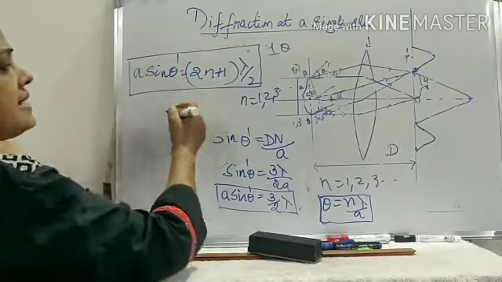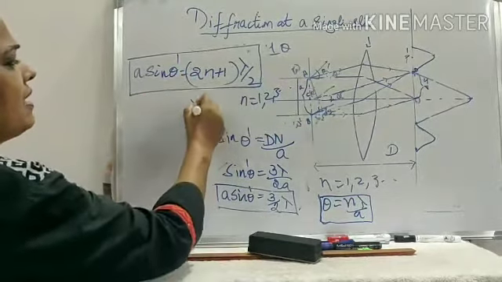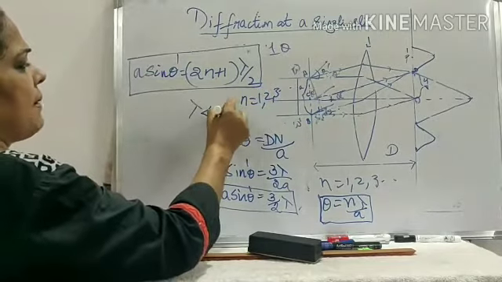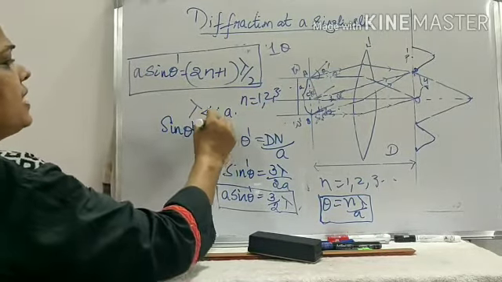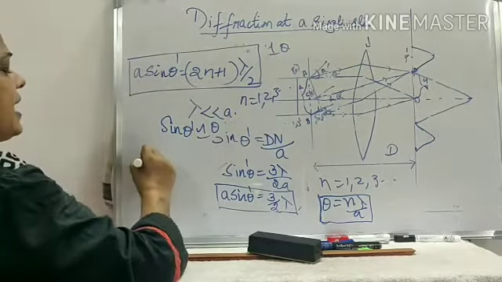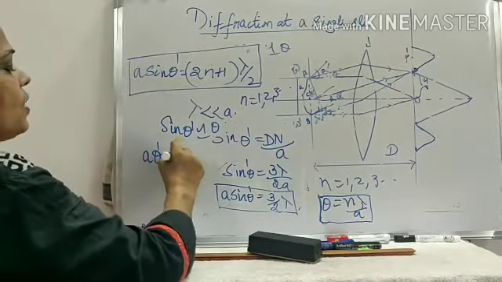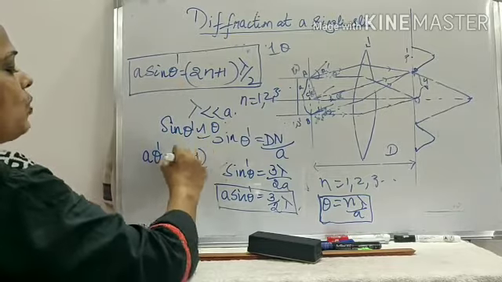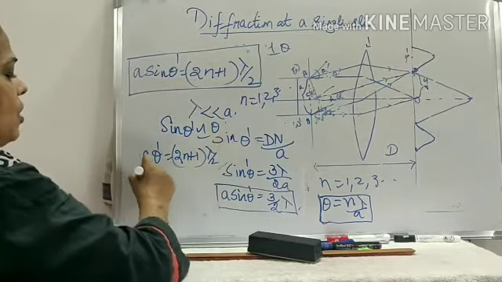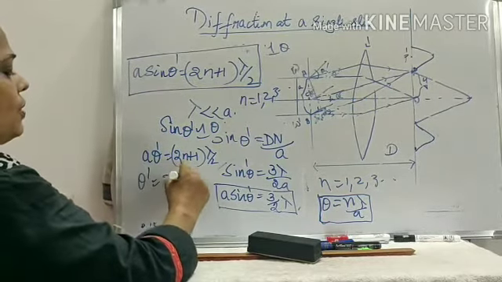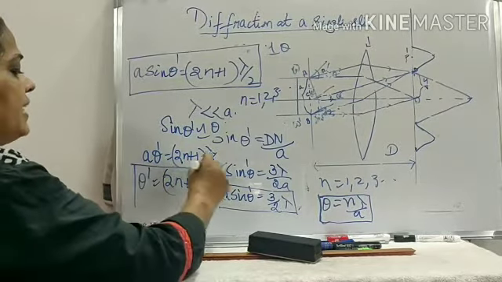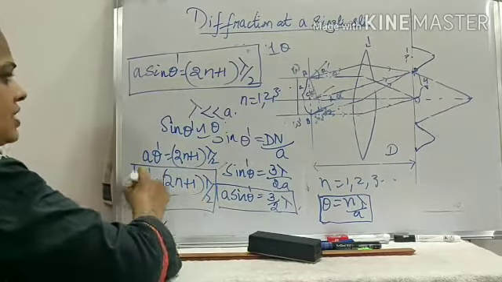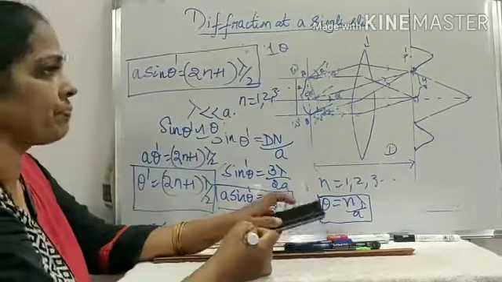Now, when lambda is very much less compared to A, you can approximate sine theta dash to theta dash, and you get this expression as A into theta dash is equal to 2n plus 1 into lambda by 2, or theta dash is equal to 2n plus 1 into lambda by 2A. The theta dash is the angle of diffraction for a maxima.